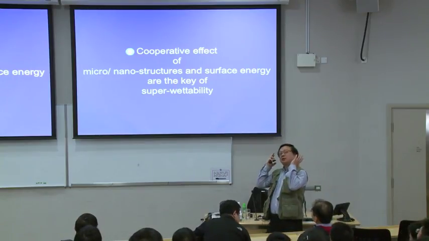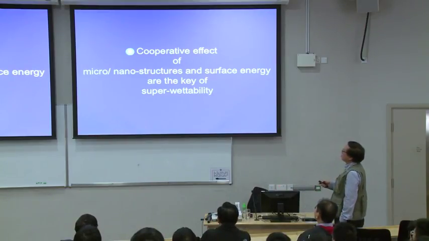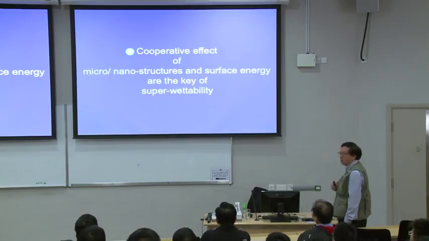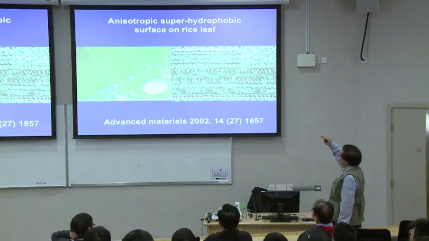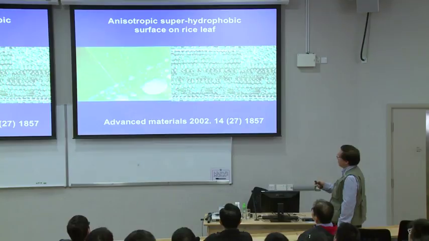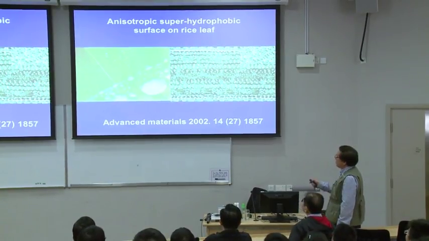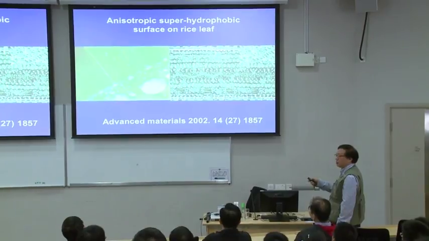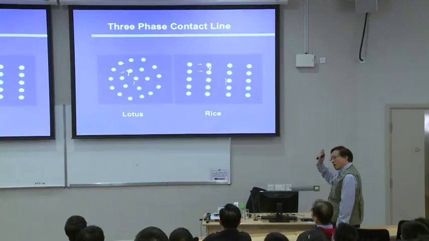And the first law we get from nature is that the cooperative effect of the micro-nanostructure and surface energy is the key to superhydrophobicity. The first law. We also find anisotropic superhydrophobicity. Even on the rice leaf, the arrangement gives you an anisotropic effect. The water droplet rolls easily along this direction, and with difficulty in the perpendicular direction. The arrangement can make the anisotropic effect superhydrophobic.